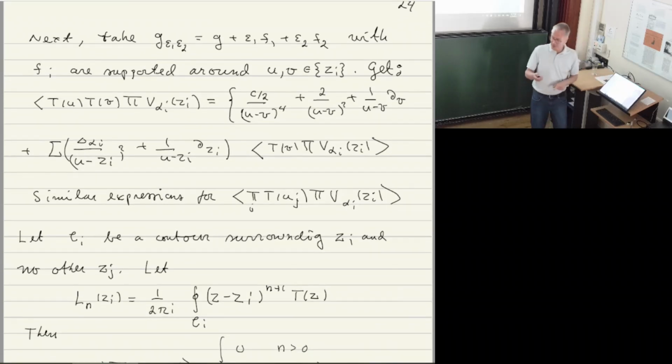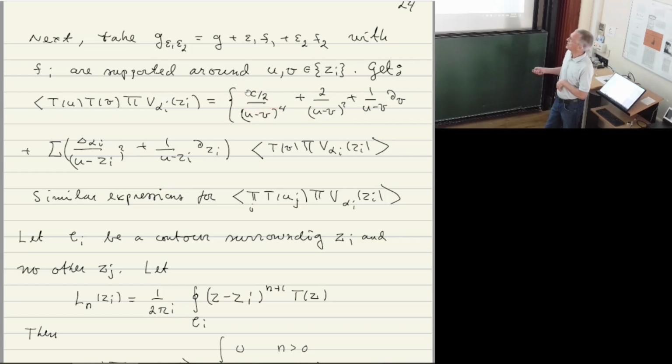You can continue the calculation. You take two functions with disjoint compact supports away from each other and all the other points, and then if you have two T's, you get other interesting stuff. You get the stuff we had before, but you also get how the T's talk to each other. There's (u minus v) to the fourth power, and the second power, and the third power. That also comes from the calculation.